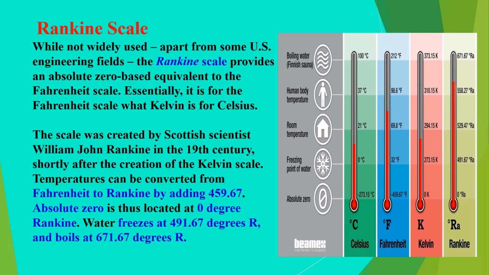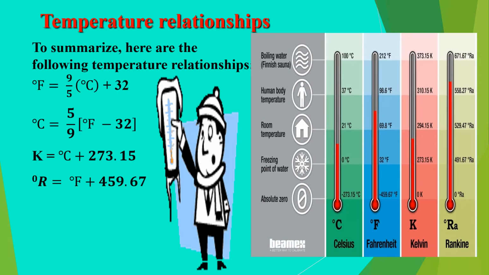Temperatures can be converted from Fahrenheit to Rankine by adding 459.67. Absolute zero is thus located at 0 degrees Rankine. Water freezes at 491.67 degrees Rankine and boils at 671.67 degrees Rankine.